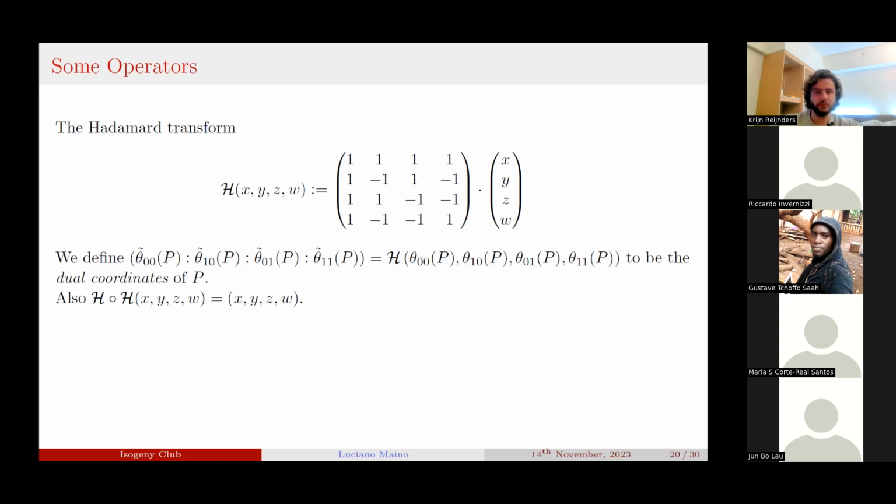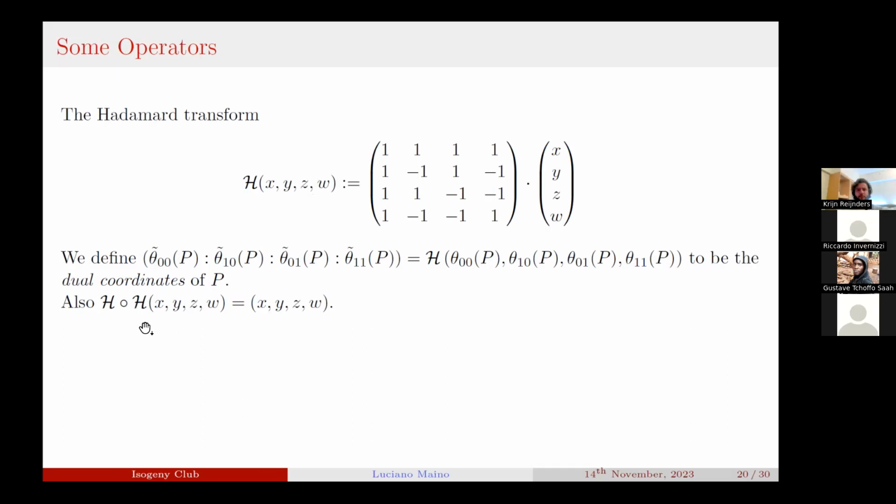So we first define the Hadamard operator. You don't need to remember what this matrix is, but what you need to remember is that the Hadamard operator is basically you take a vector of 4 elements and then you multiply this vector by a certain matrix. It's just matrix multiplication. Once you have some coordinates of a point P, and you apply the Hadamard transform on these coordinates, you obtain the so-called dual coordinates of P. We denote these dual coordinates by a tilde on top of the thetas.